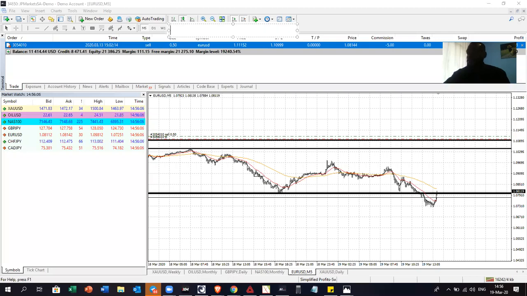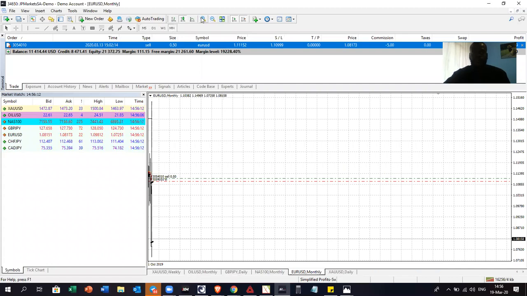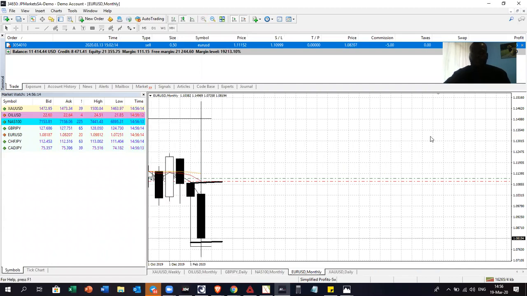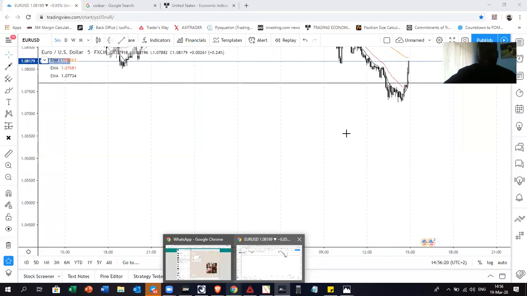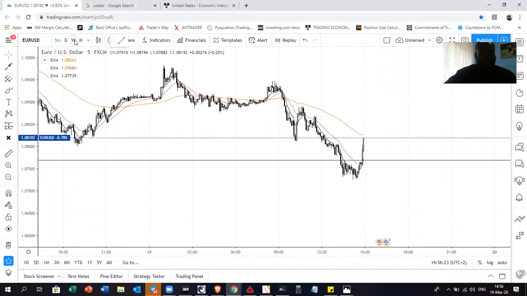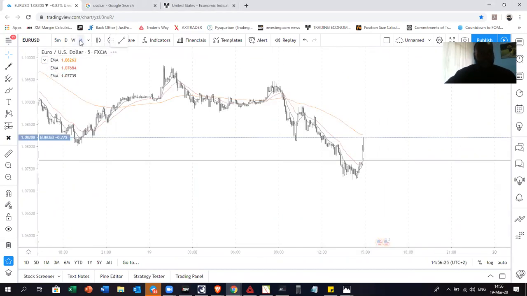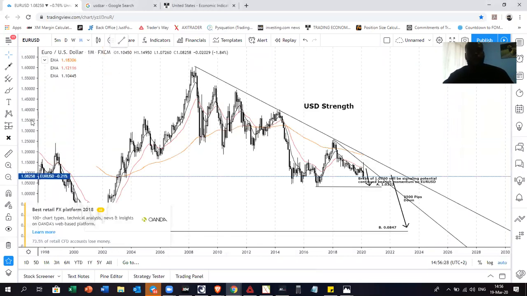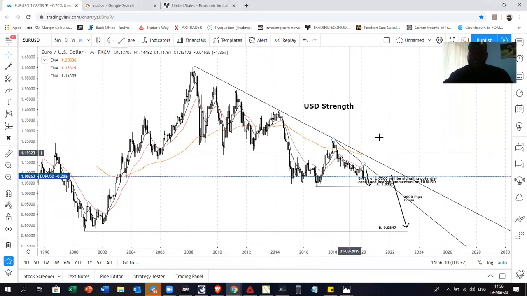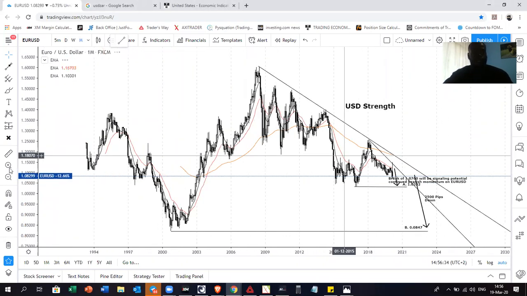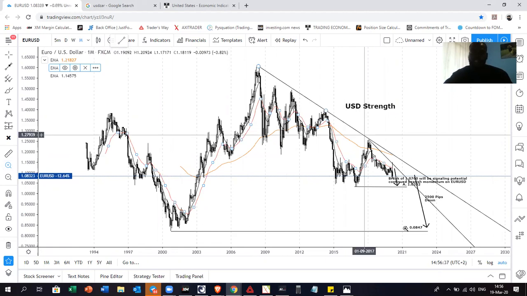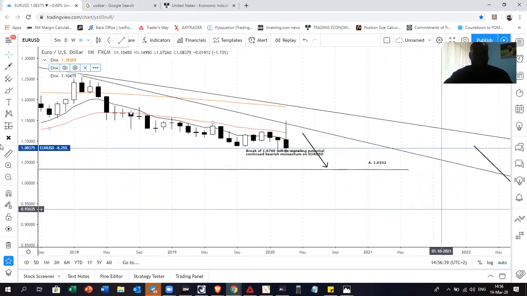So how I analyze any chart is I start off by coming on to the monthly. Okay, let me hit up TradingView, man. So this is the Euro USD chart. And how I look at any chart is I start by analyzing the monthly.